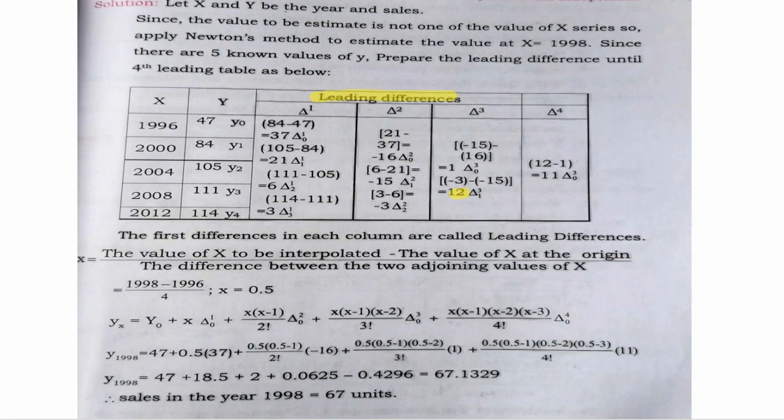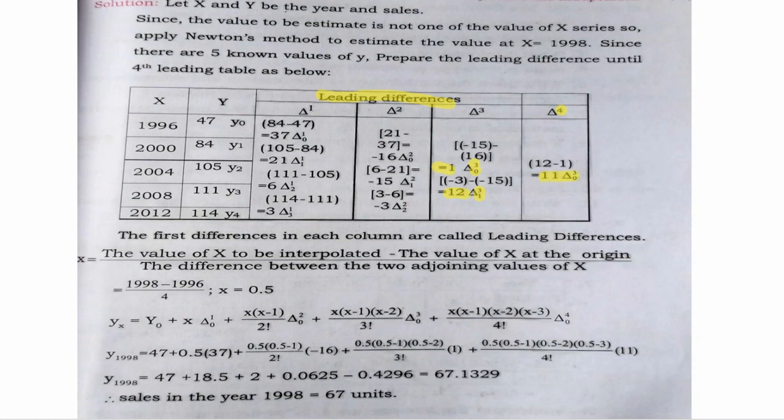Next, the leading difference for delta to the power of 4 is delta 1 to the power of 3 minus delta not to the power of 3, it is 12 minus 1, it is 11.